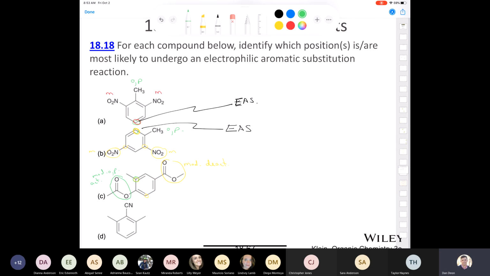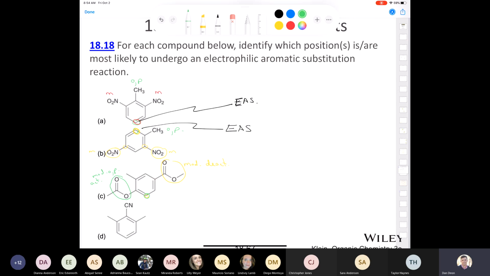Look, here are the two ortho positions. Here's the para position. So this is the only ortho position that's available. I'm going to delete my other circles, because that's the only position that's available. So what I have circled in yellow and what I have circled in green are both directing to this spot at the bottom.